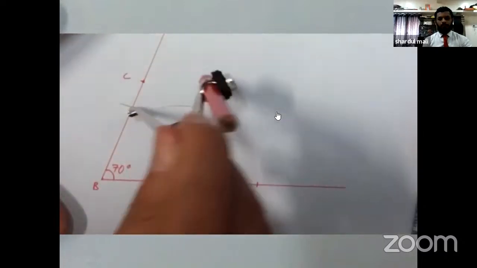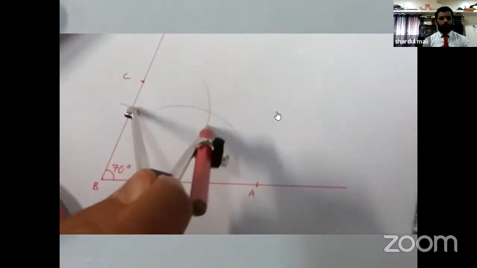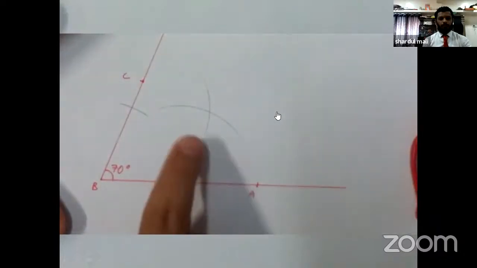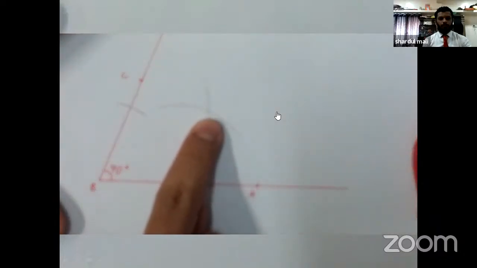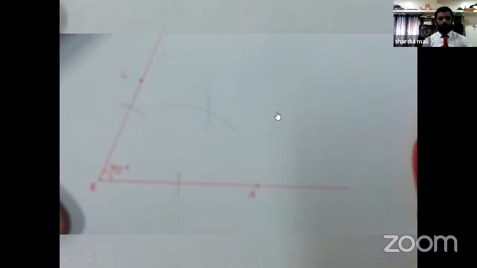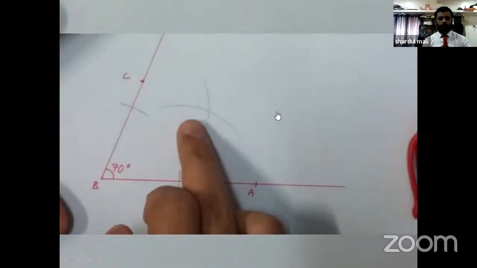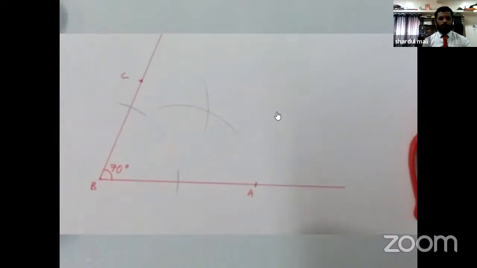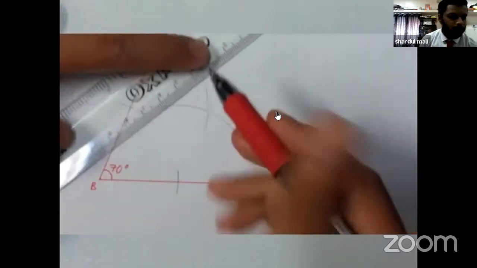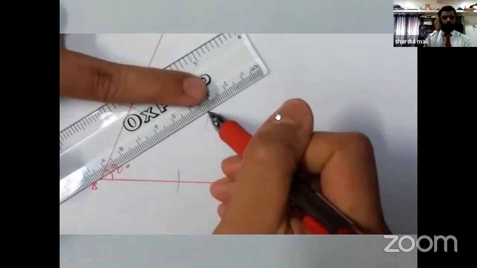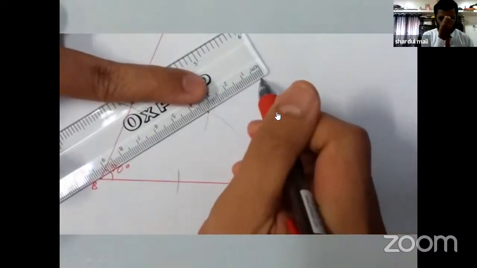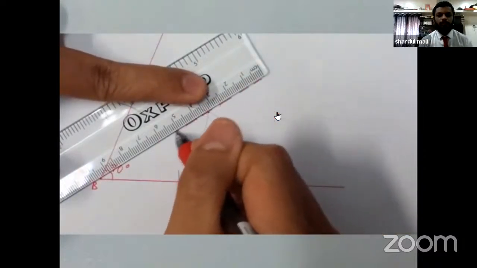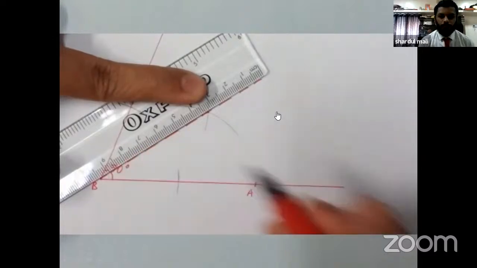Poke here and cut it through. You should see an intersect here. Now, this is the point that we want. Once we do that, we get our intersect straight at the middle.